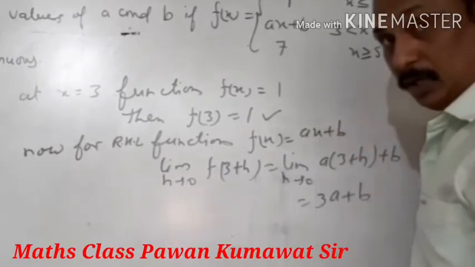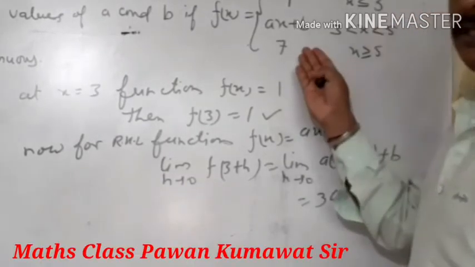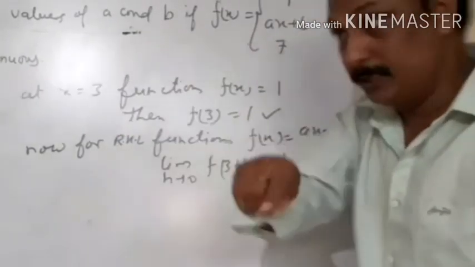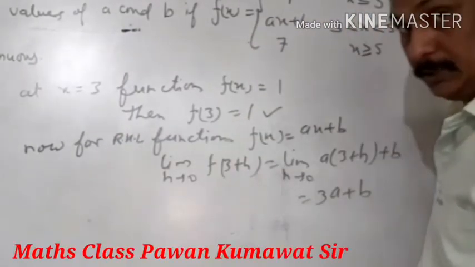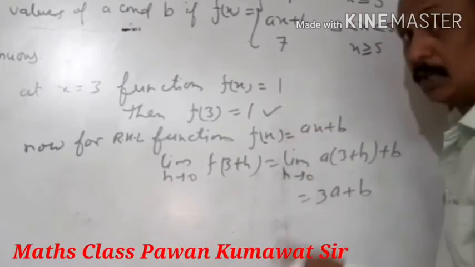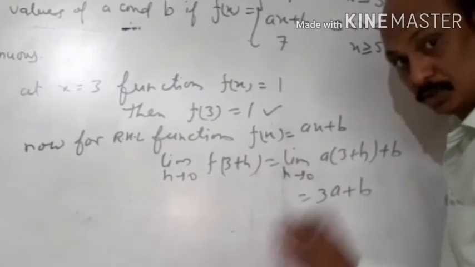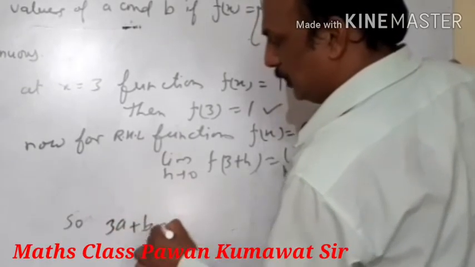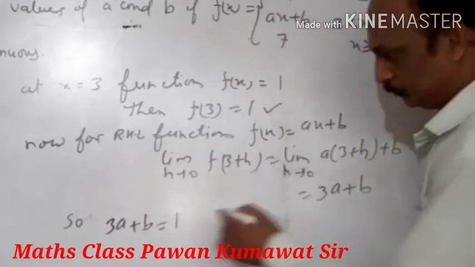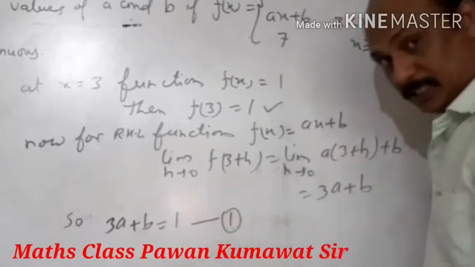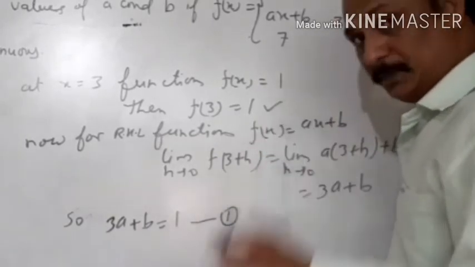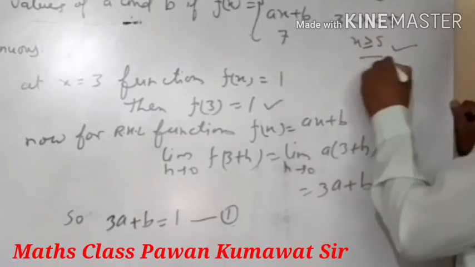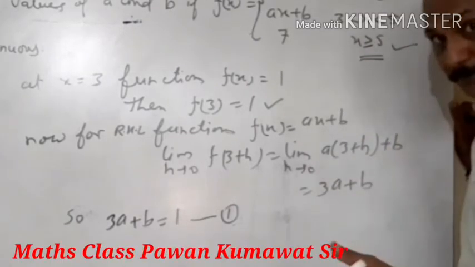And we all know that this given function is continuous at x is equal to 3. These values must be equal, so 3a plus b must be equal to 1. It is the first equation. Okay, similarly we can calculate for x is equal to 5.